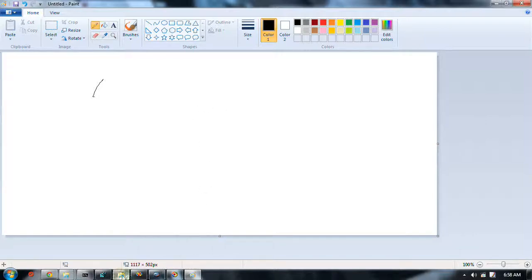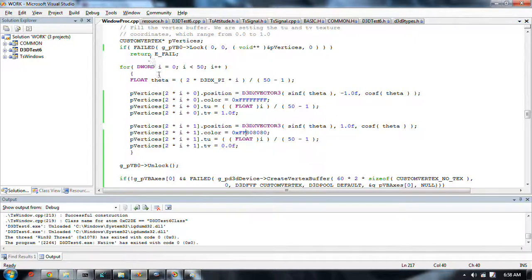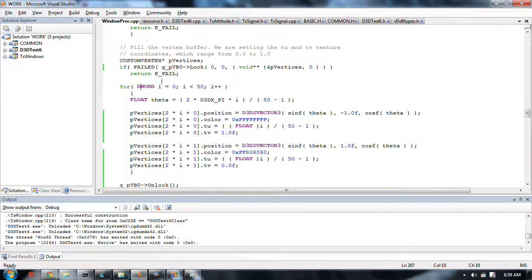Okay, now looking at the code. What this thing is attempting to do is to create what they call a triangle strip, which is different from a triangle list. That forms a cylinder. Now here's their algorithm.